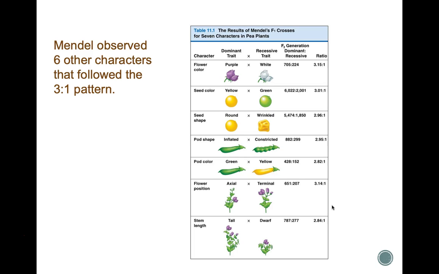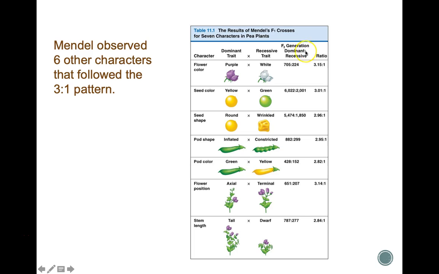So Mendel observed 7 total characteristics, and he noticed that all of them followed this roughly 3-to-1 ratio. Now that'll be important a little bit later when we get into the probabilities of inheriting different types of information.